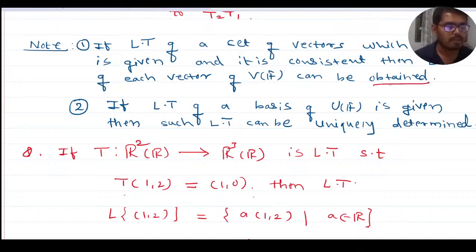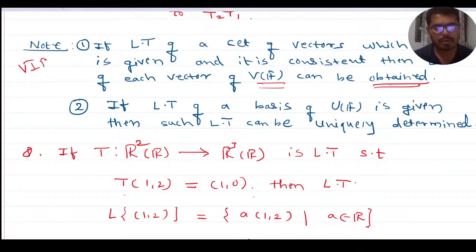If only the spanning vectors of V are given, then you are able to find the linear transformation of each vector in the vector space. It is a most important result.